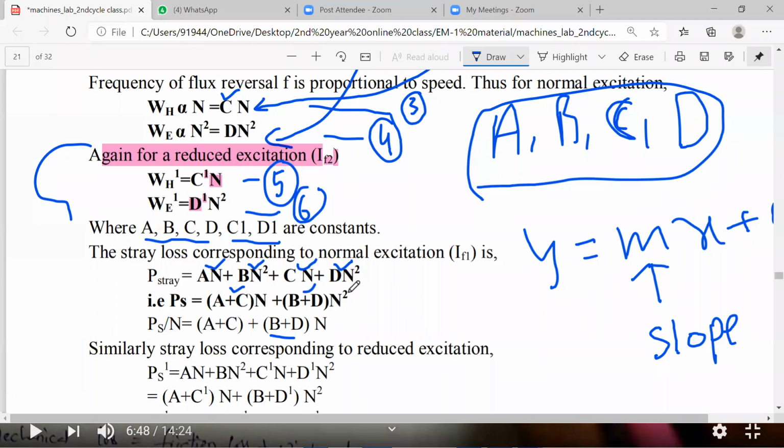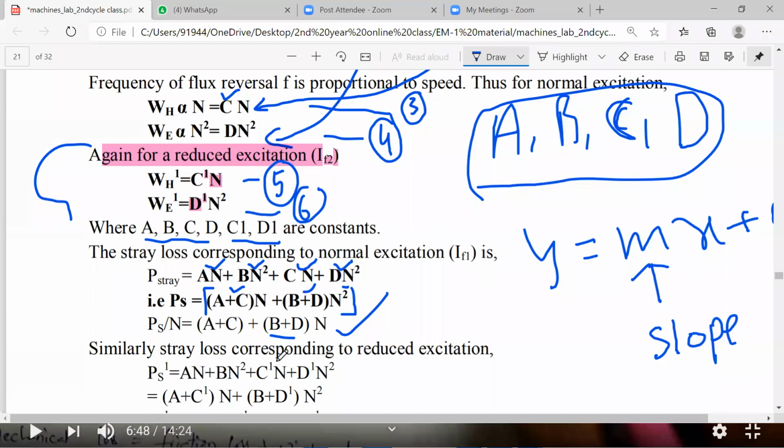If you take n common from the total, A plus C is constant, and n square with n common leaves only n. So Ps by n equals A plus C plus B plus D into n. This is the final equation.